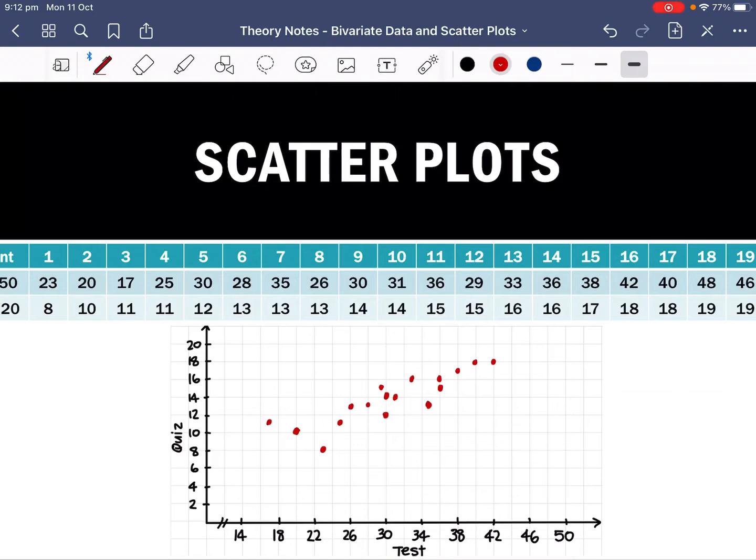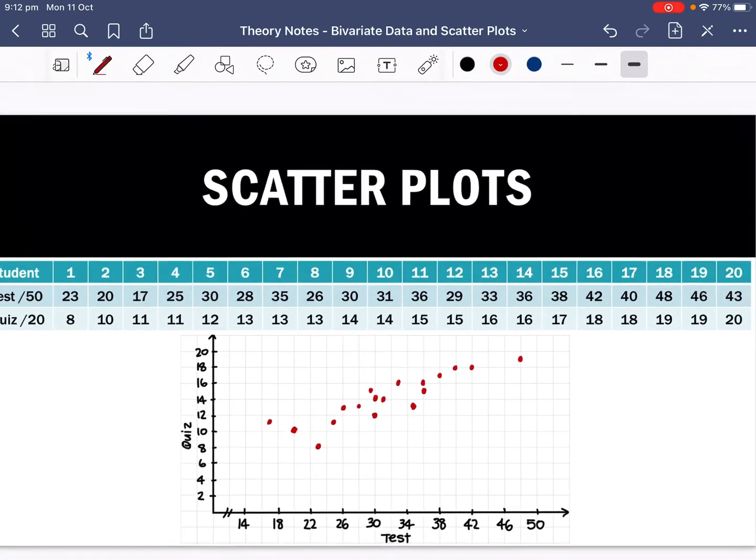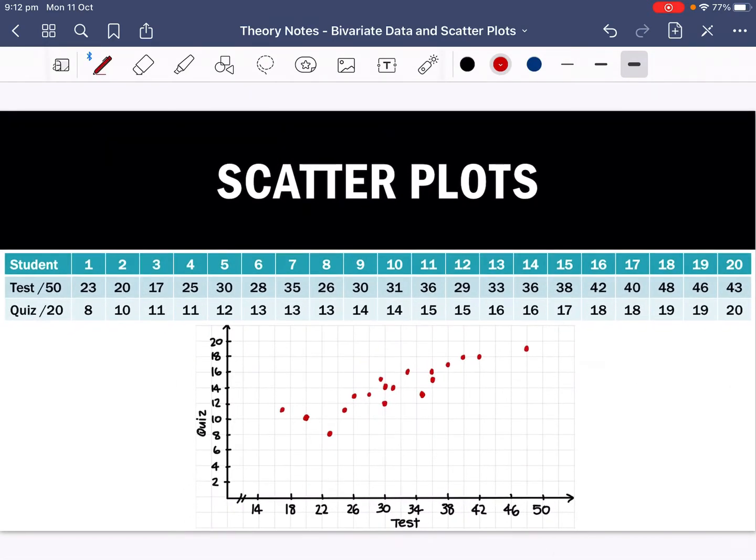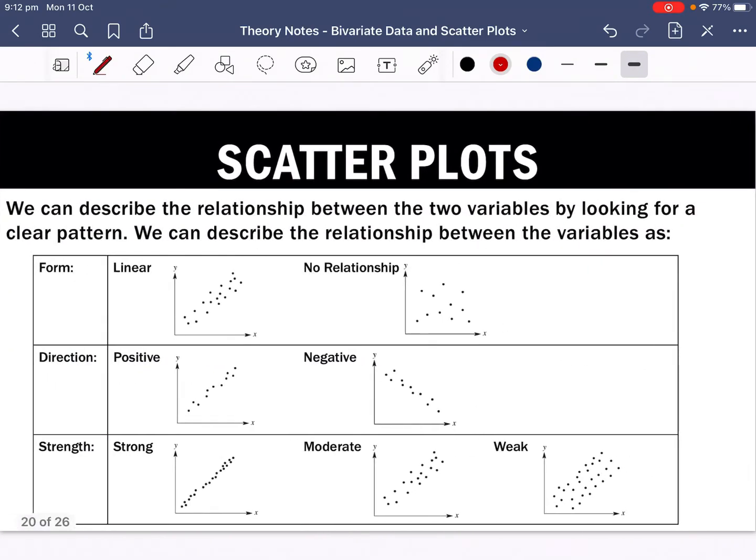We then have 48, 19. We have 46, 19. And a lucky last, we have 43, 20. Like so. So that is our data plotted on a scatter plot.